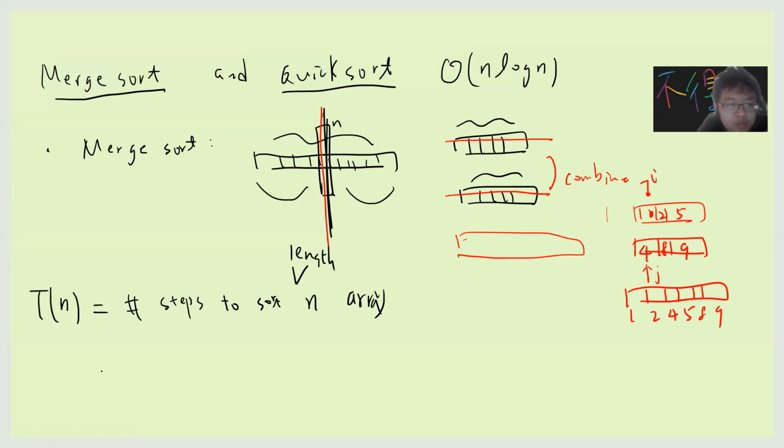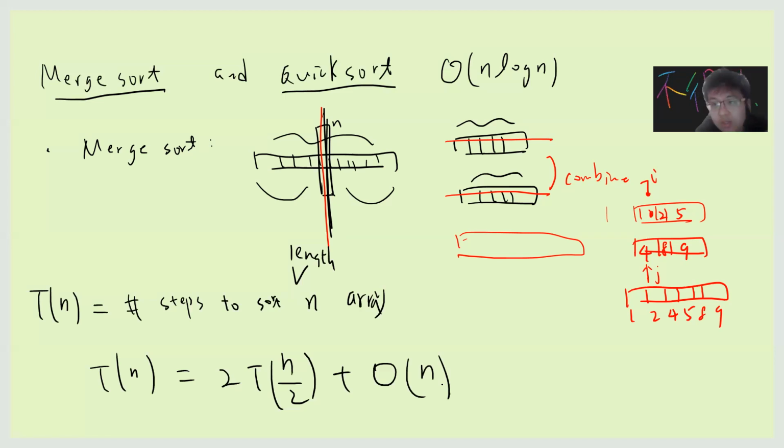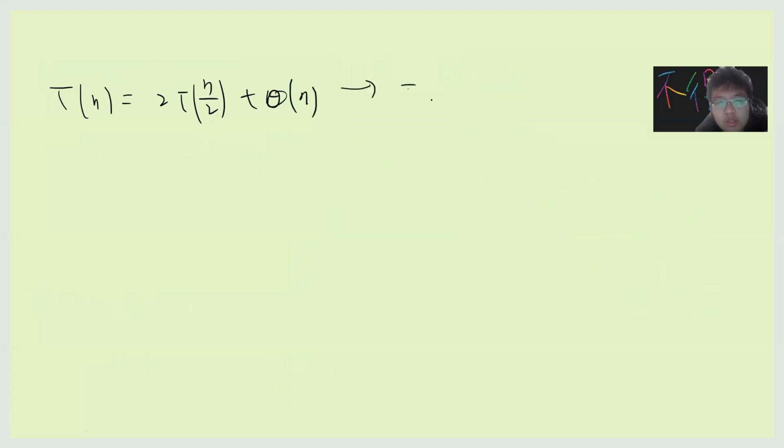We can show that T of n is 2T of n divided by 2 plus big O of n, because the combining step just needs linear time. Actually, this can be written as theta. Our goal is to prove that from T of n equals 2T of n divided by 2 plus O of n, T of n is big O of n log n.